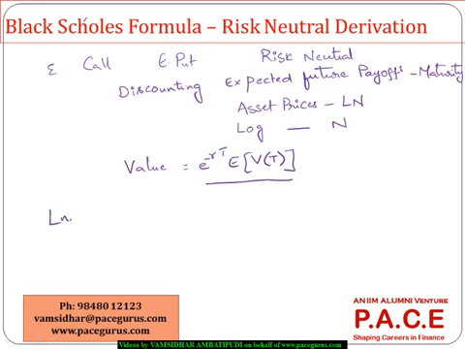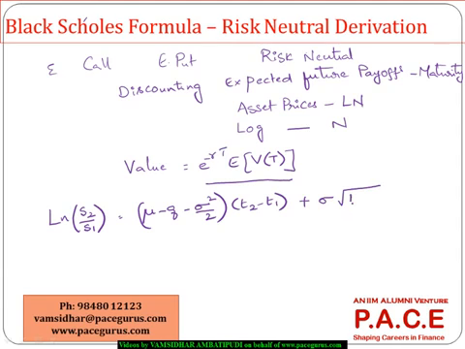We have established the equation saying log S2 by S1, which is the logarithm of the returns, can be modeled in the form of (mu minus q minus sigma squared by 2) times t, which is the difference in the time periods between S2 and S1, plus sigma times the square root of (T2 minus T1) times the standard normal variable Z.